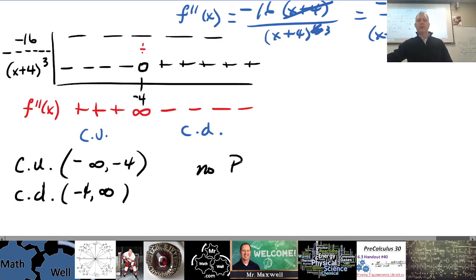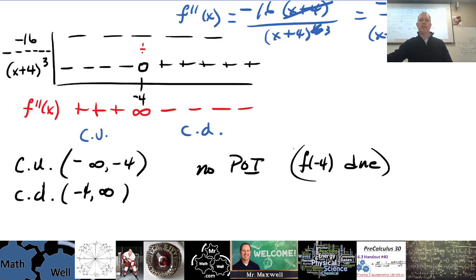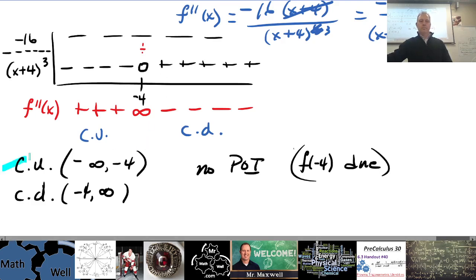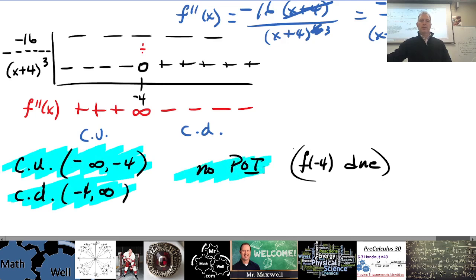No points of inflection. x equals -4 does not exist. Well, f of -4, I should say. Okay. Concavity, right here. No points of inflection.